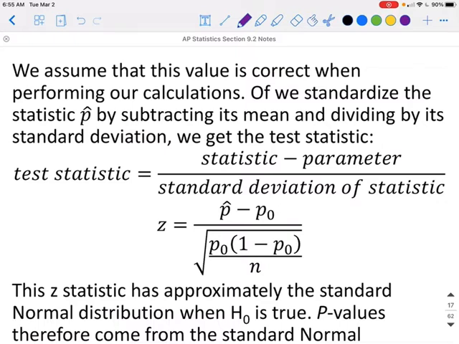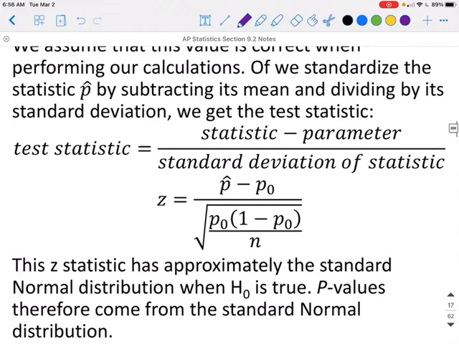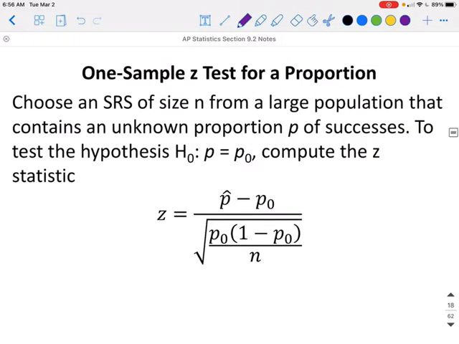So you're going to do your sample statistic, your sample proportion in this case, minus the p sub 0, which is your parameter at the null hypothesis, over the standard deviation using that null hypothesis. This z statistic has approximately the standard normal distribution when the null hypothesis is true.